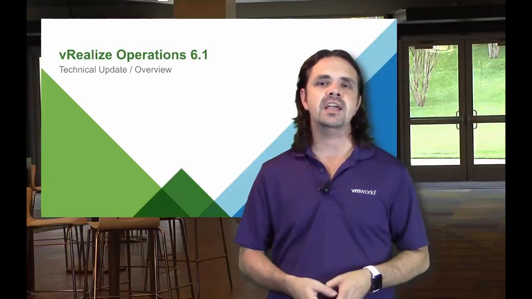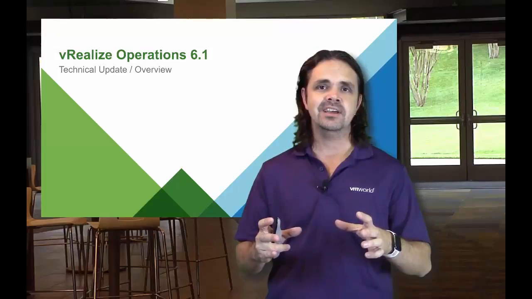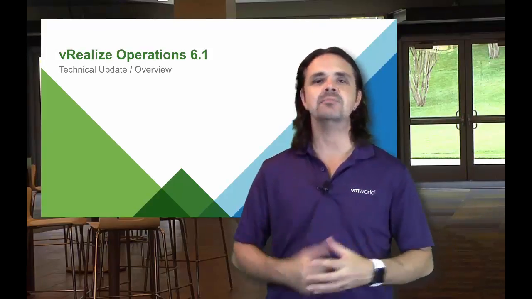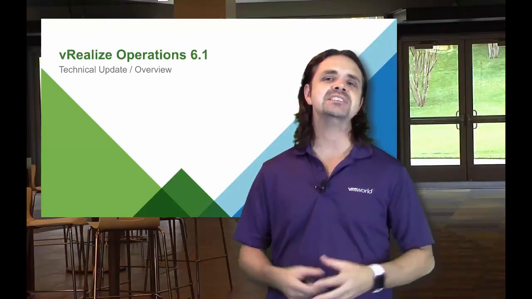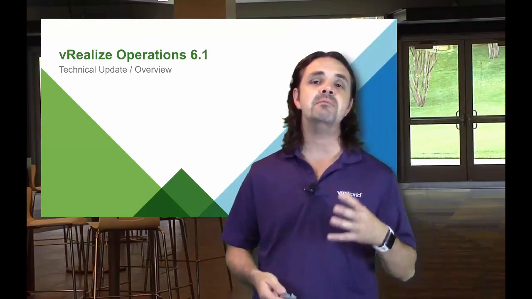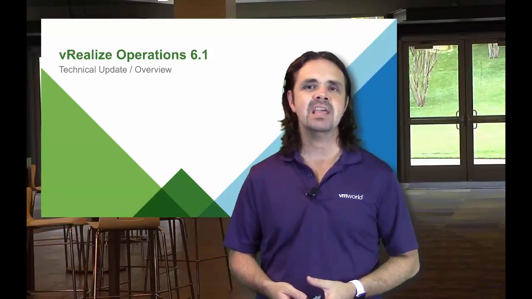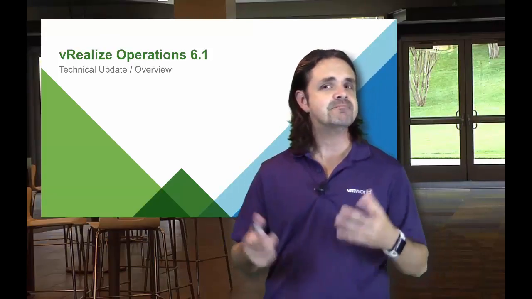That's really what you're looking at. So when we're talking about Ops 6.1 and all of the cool things it can do, just put that in the back of your mind: this is just a dot release. All of the cool things that it can do are only going to become magnified even further as the product continues to develop. So with that, let's take a look at vRealize Operations 6.1.